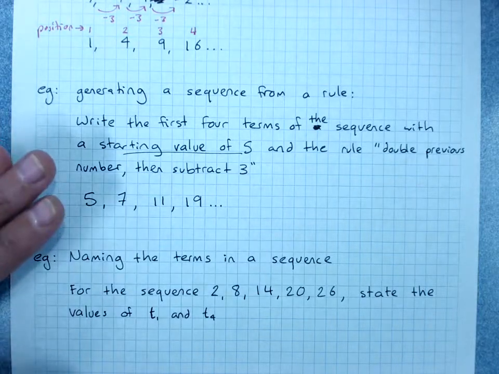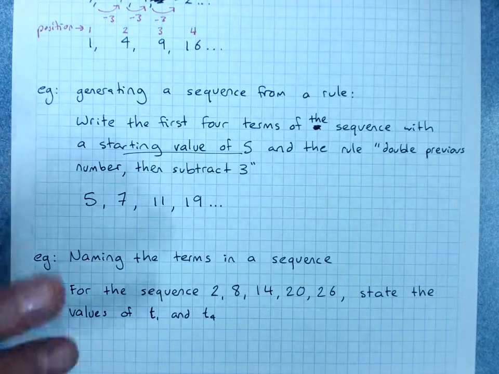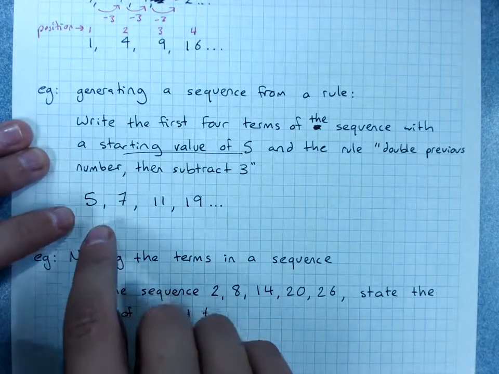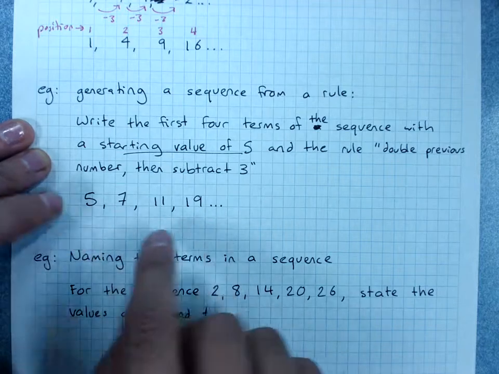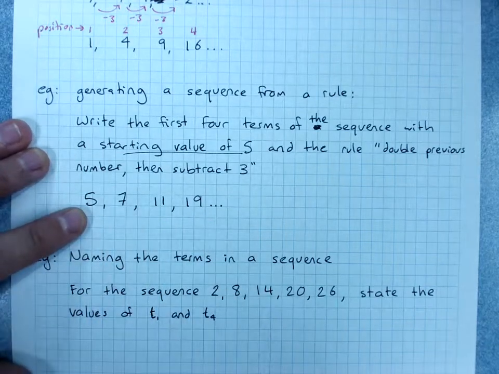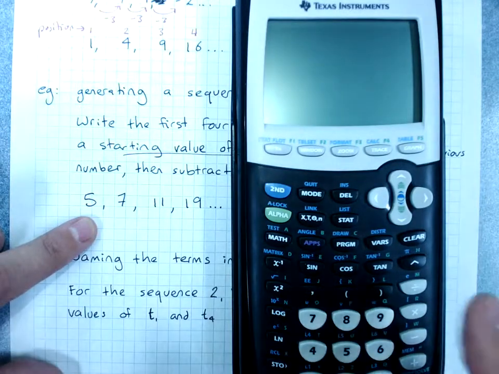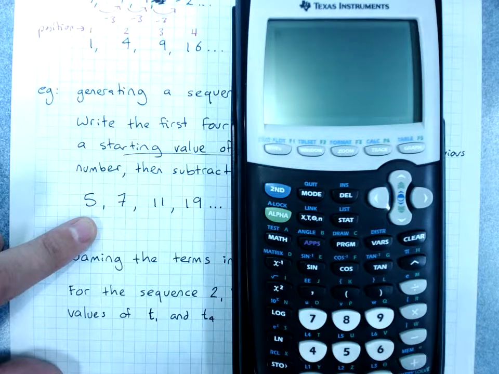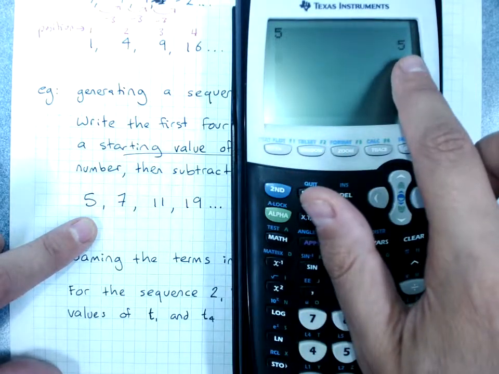The calculator is really good for these. Now this is called a recursive sequence or recursion, where you use the previous number and do the same calculation each time to get the next number. Calculator's good at it. Put in the first number and press enter. So 5, turn the calculator on, 5, enter, and it's stored over here.